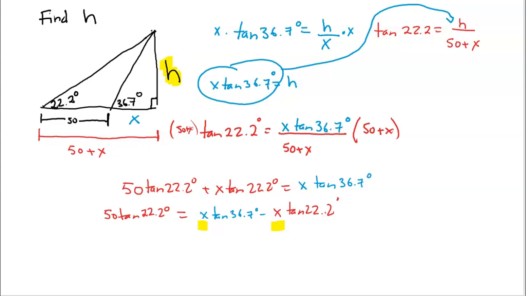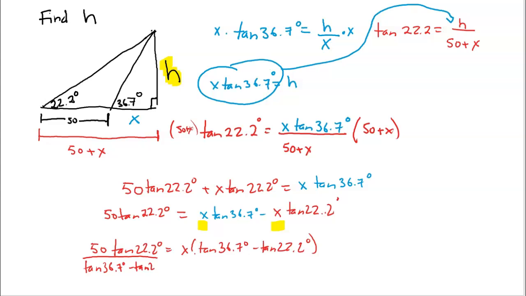All right, I'm going to stop color coordinating it now. On the left side, everything stays the same. On the right side, the x is pulled out, while the tangents stay underneath. So if I divide this by my tangents, it should just equal my x.